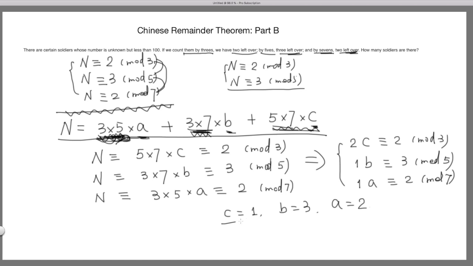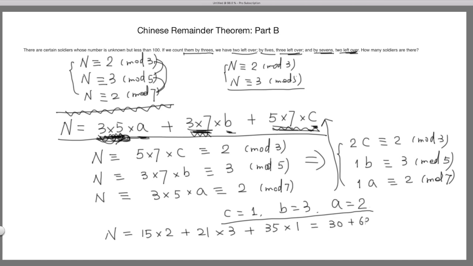And we're taking those a, b, c and plugging them back into this big N. So N, what you get is 15 times 2 plus 21 times 3 plus 35 times 1, which is 30 plus 63 plus 35, which is 128.